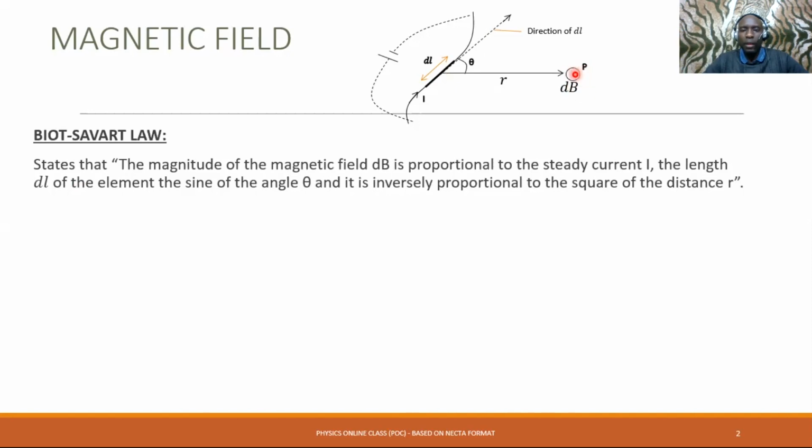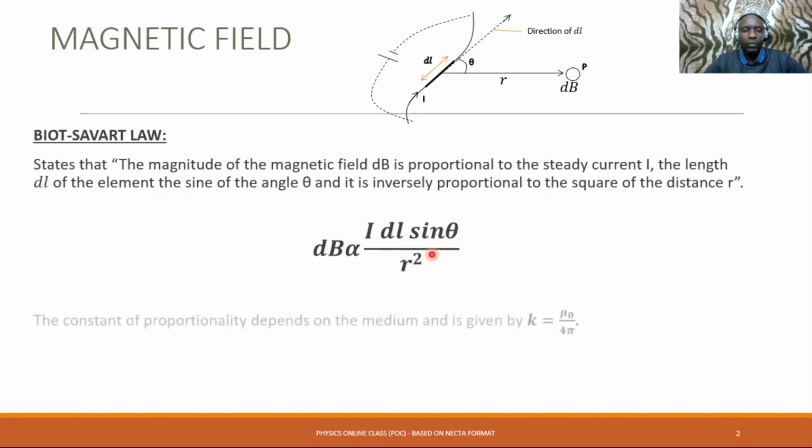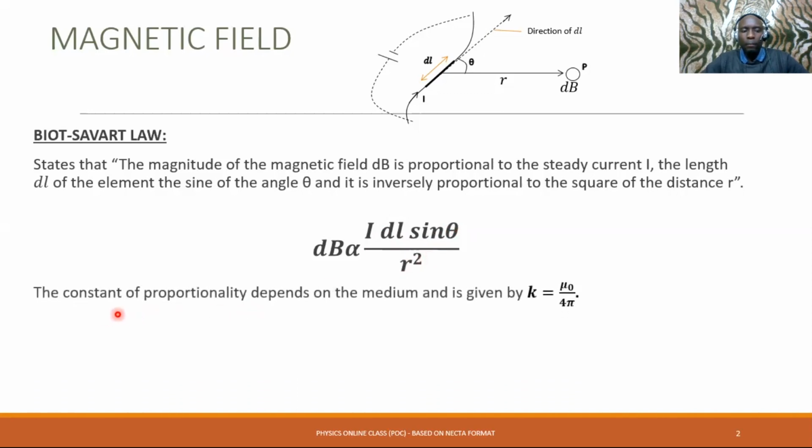Now the mathematical expression for Biot-Savart Law is: dB is proportional to I dl sine of theta over r square. If we take out the proportional sign, we introduce a proportionality constant, mu naught over 4 pi.